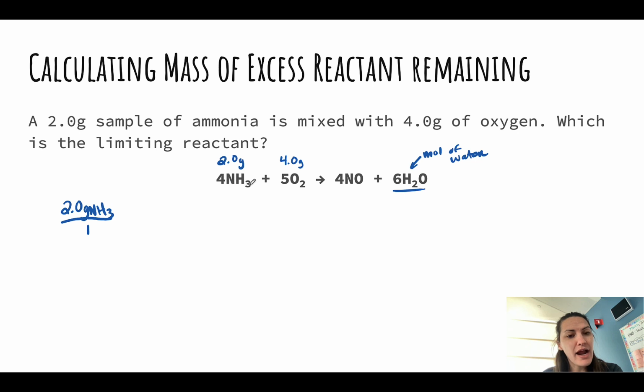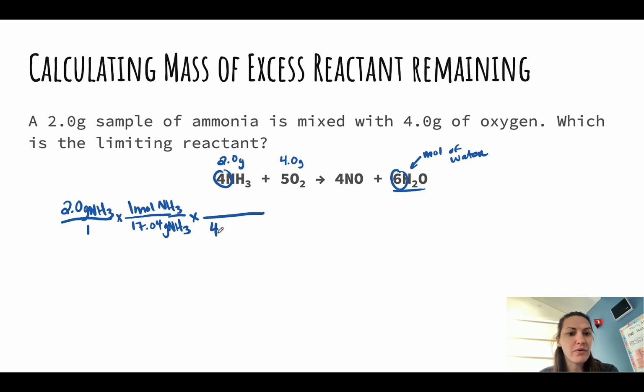To get there, I need to start by converting my NH3 in grams to moles of NH3. So I'm going to use my molar mass to do that. Nitrogen is 14.01 grams per mole, and each hydrogen brings 1.01 grams per mole, so we're going to have a molar mass of 17.04 grams of NH3 to 1 mole NH3. Okay. We're then going to utilize our mole relationship, so we've got a 4 to 6 mole ratio.